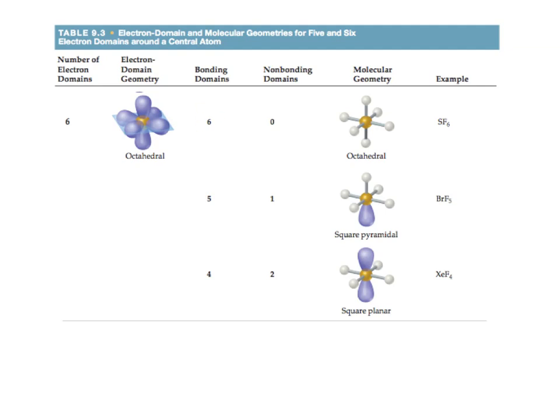So when I have 6 bonding domains and 0 non-bonding domains, my molecular geometry is going to match the electron domain geometry, which is octahedral. And in the octahedral geometry, basically everything is at 90-degree angles. Okay, so everything's 90 degrees. Excuse me, 90 degrees, not 90 degrees C.